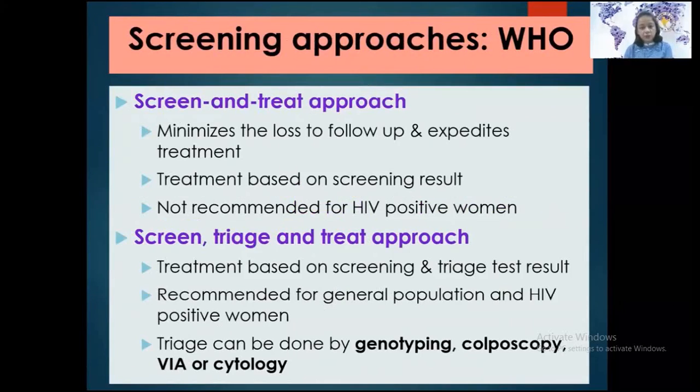So the screening approaches recommended by WHO are the screen and treat approach, wherein the screening result guides the treatment, and the other one is the screen, triage, and treat approach, wherein the treatment is based on the screening and the triage result combined. And the triage modalities can be genotyping, colposcopy, VIA, cytology, or HPV testing, depending upon the primary screening test used.